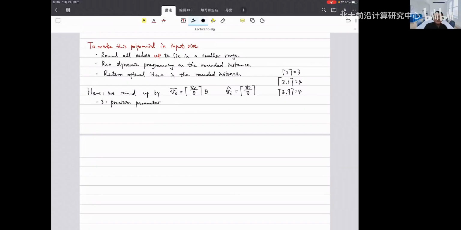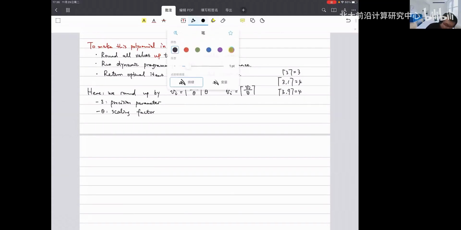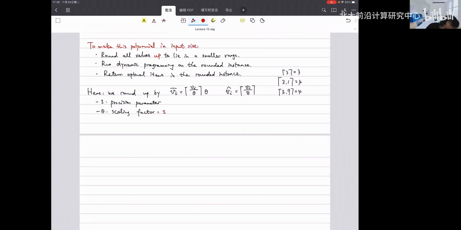And of course, we also need to specify what the theta is. The theta here is called a scaling factor. In our specific algorithm for the knapsack problem, we choose the scaling factor to be epsilon times V max over N. So this is our specific choice of the scaling factor.